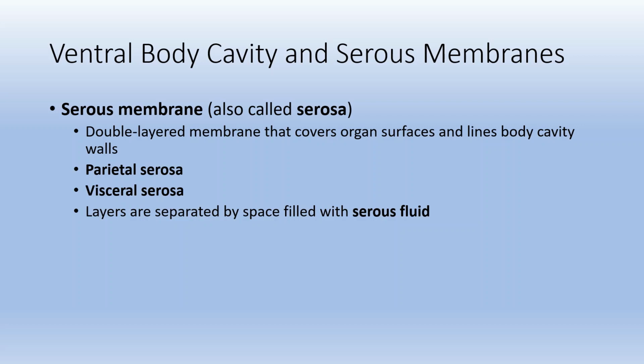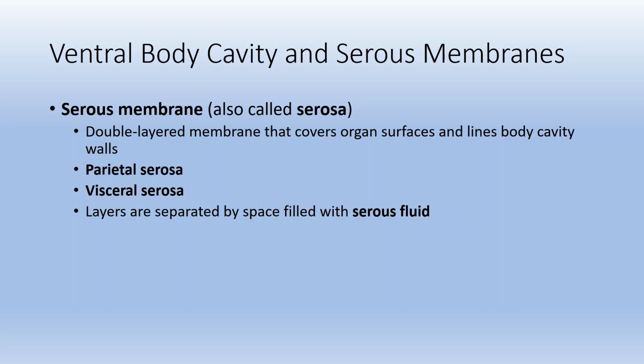We have a visceral serosa covering the wall of the lungs. The other layer of the serous membrane is responsible for lining the inner wall of the body cavity, whether that's the pleural cavity or the pericardial cavity or the abdominopelvic cavity. That layer is known as the parietal serosa.